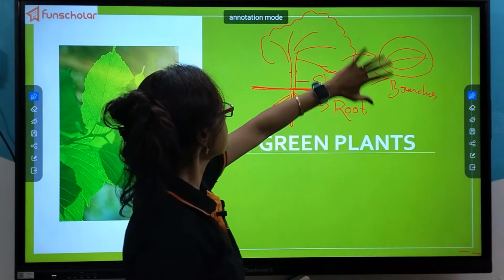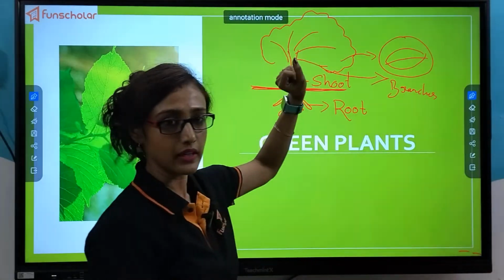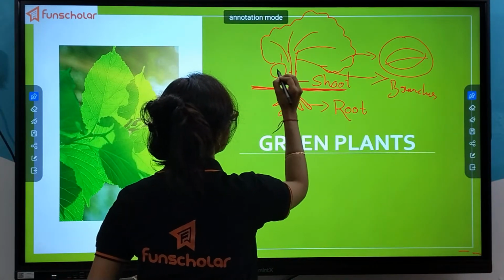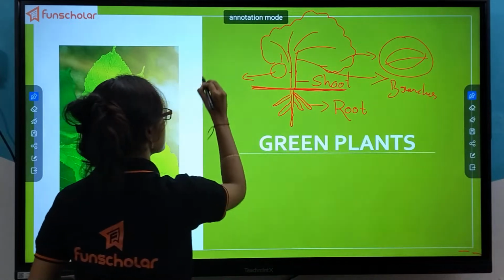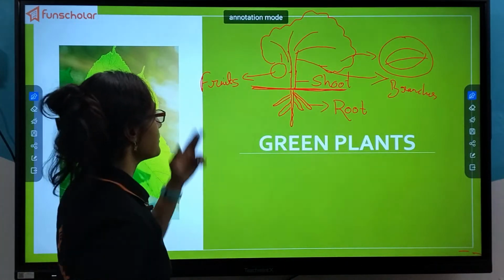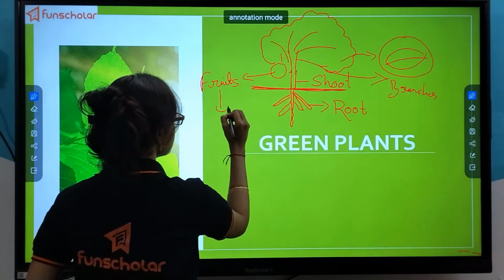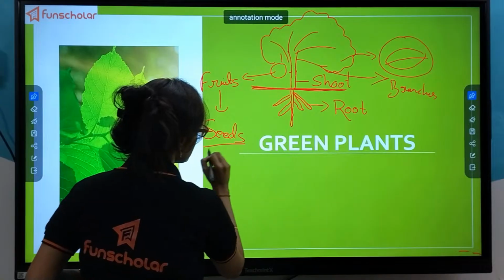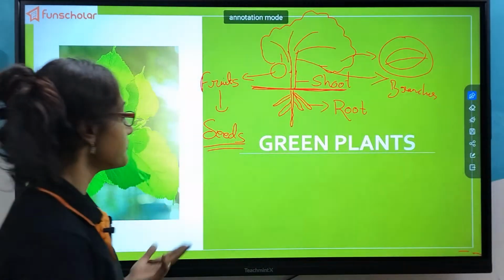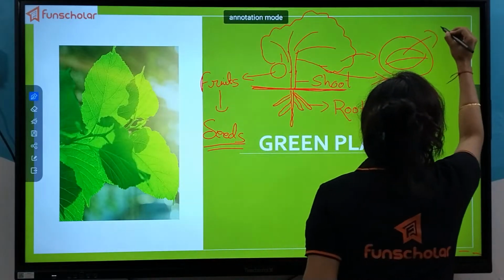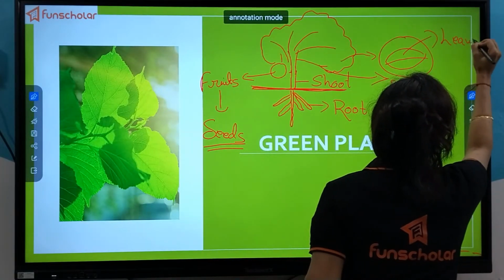Many leaves together form the tree. The trees also have fruits. And what does the fruit have inside? They have seeds. Right? So today we are going to study about the leaves of the plant.